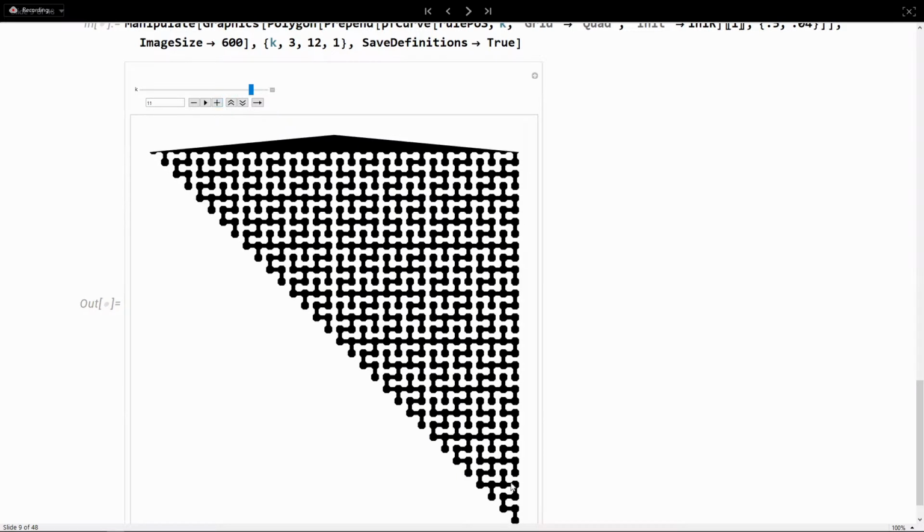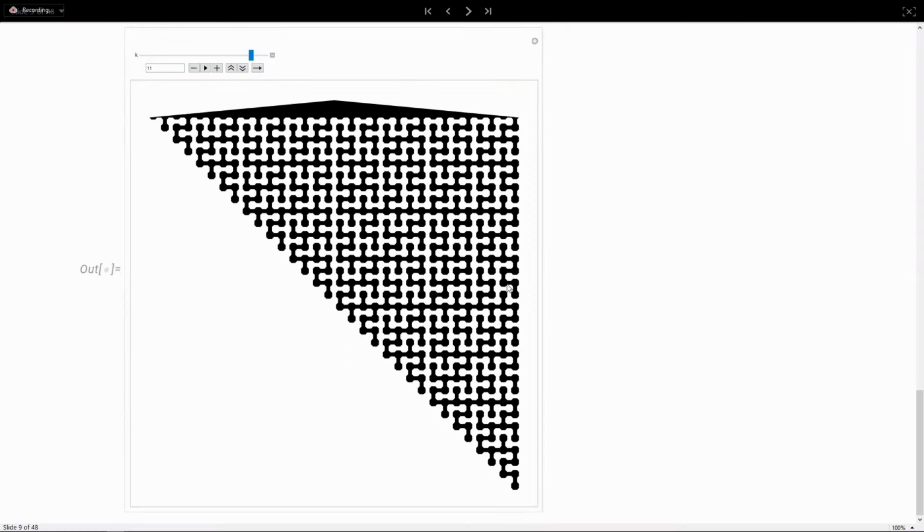You can see it gets quite intricate, and the pieces of the curve itself also turn into a fractal. So this is a rather elaborate pattern that comes out of this simple piece of code.